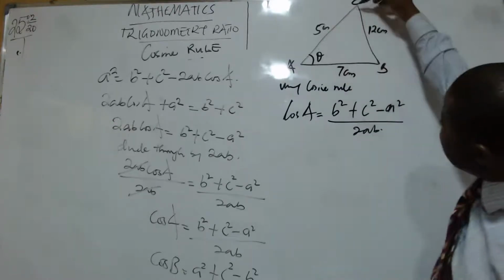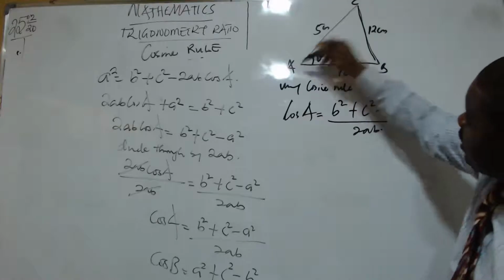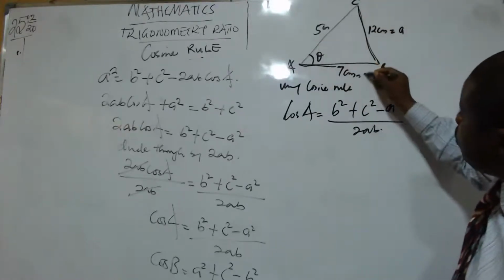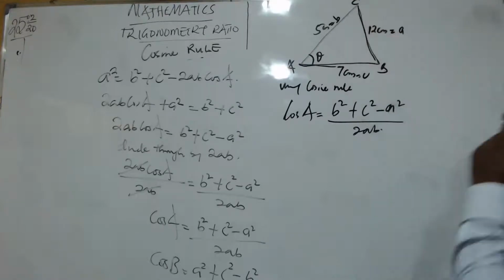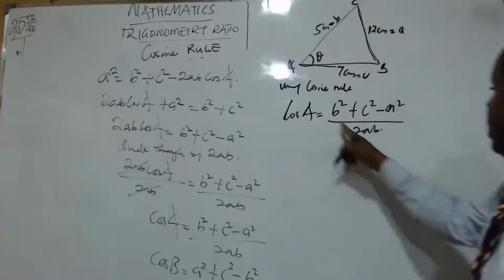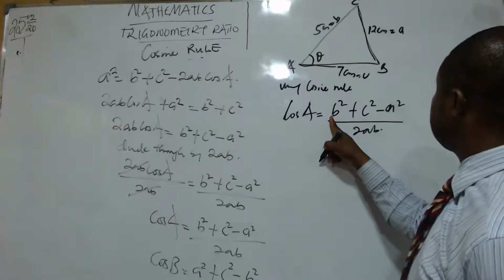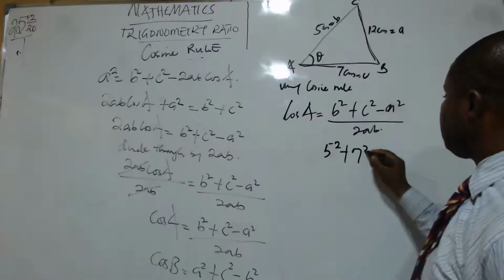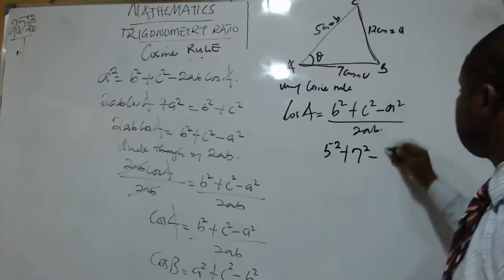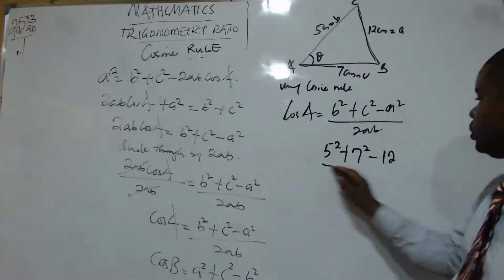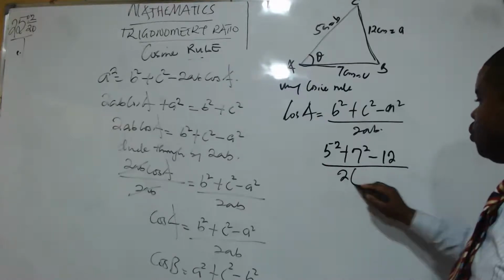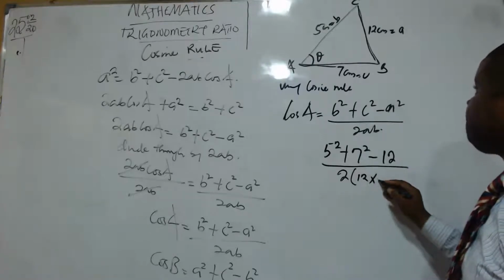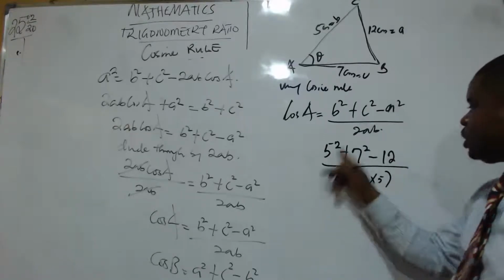Now, since this side is facing A, automatically here becomes A. This side is facing this side, here becomes C, and here becomes B. So our B here is 5 square, our C is 7 square, minus our A is 12 squared, divided by 2, bracket, our A is 12 times our B is 5.